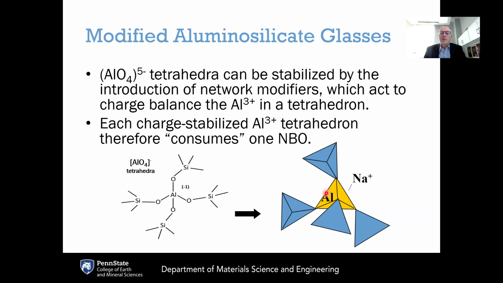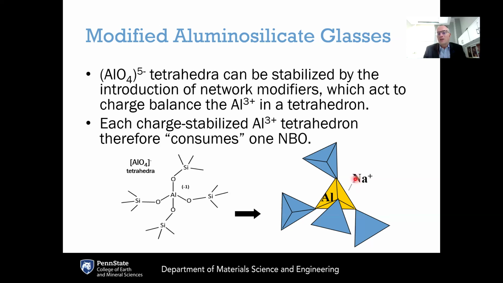And what's interesting about this is that this gives a different structural role for the same modifier ions that we just discussed in soda-lime silicate. So remember, in soda-lime silicate, the sodium creates non-bridging oxygen, so it actually destabilizes the glass network by breaking apart bonds.